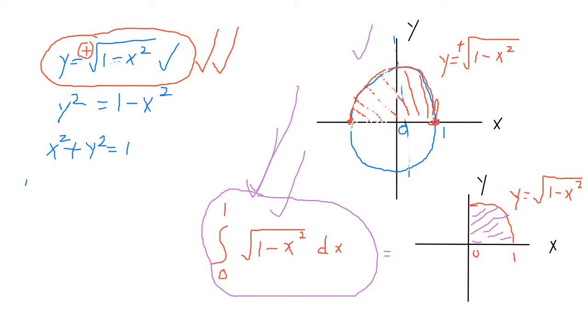That's right, because you take the area of the entire circle, which is pi r squared. The radius is 1, so that's pi times 1 squared. But you're only finding the area of 1/4 of the circle, so that's pi times 1 squared over 4. That's pi over 4.